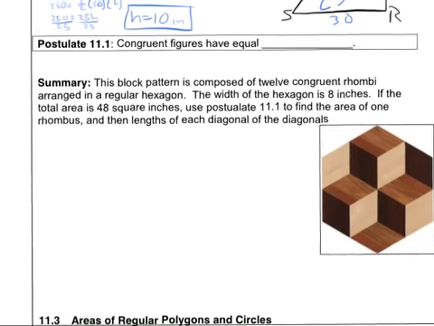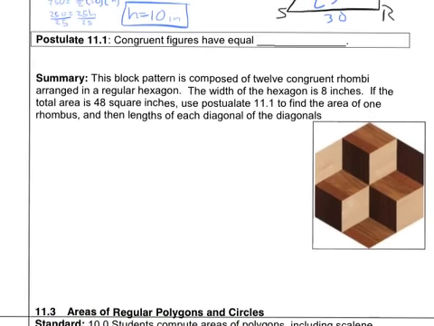Last thing here, congruent figures have equal area. So if I have two figures that are congruent, they have equal area. Well, let's read this summary problem because I'm going to do a little bit of it with you guys. It says this block pattern is composed of 12 congruent rhombi arranged in a regular hexagon.